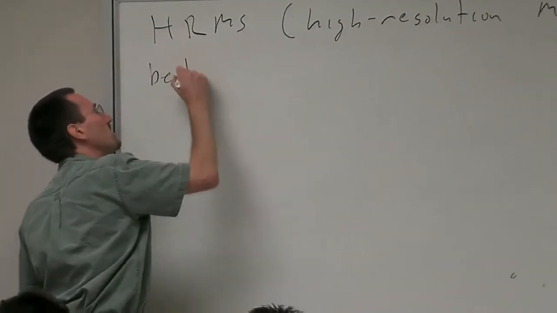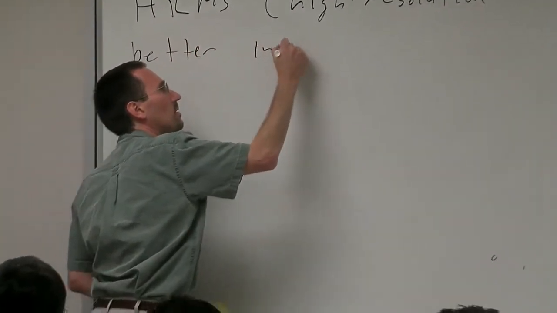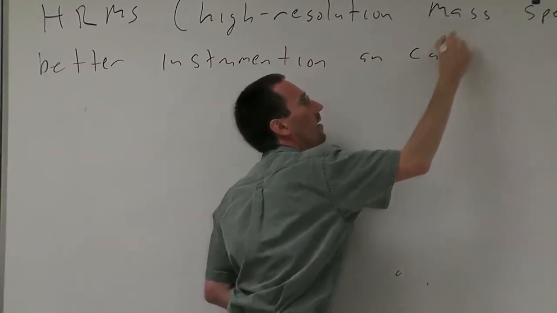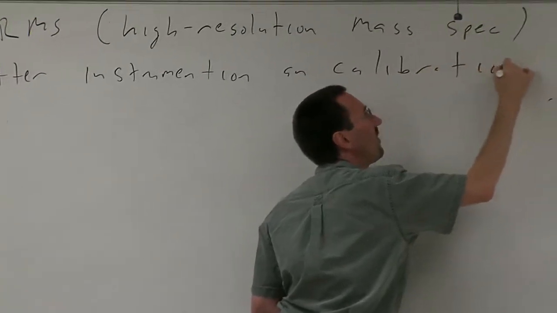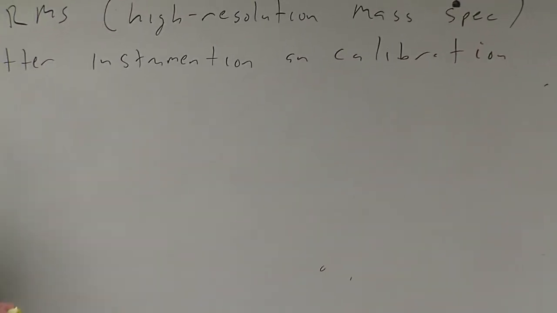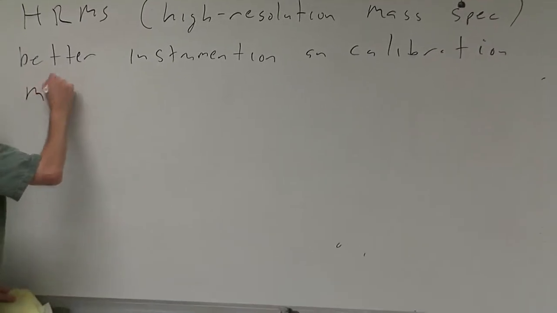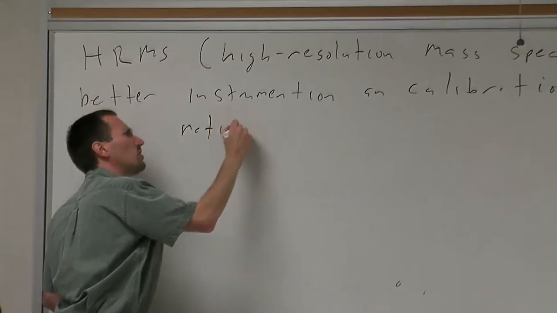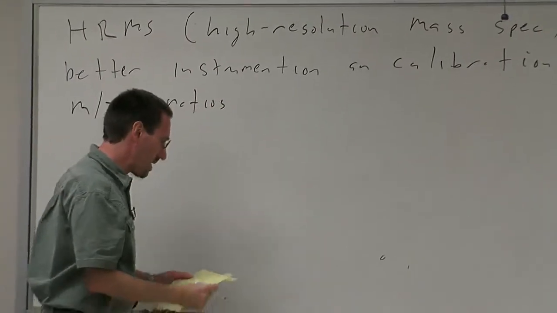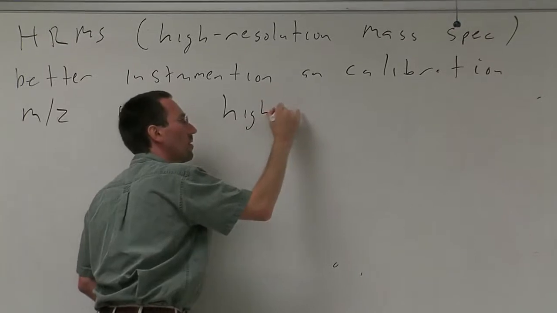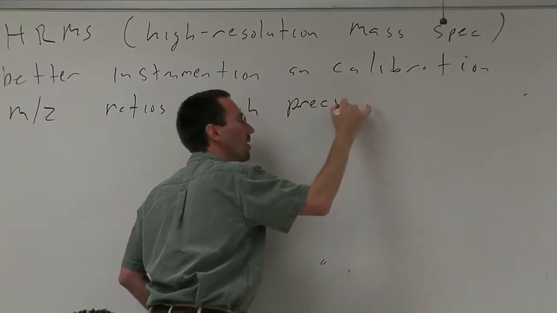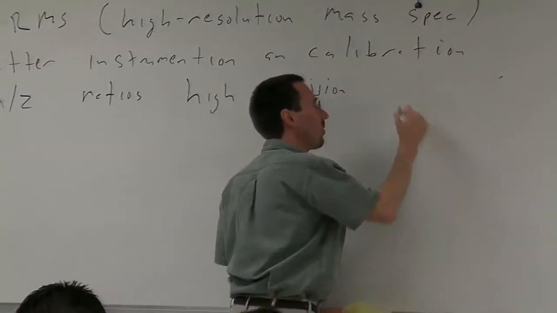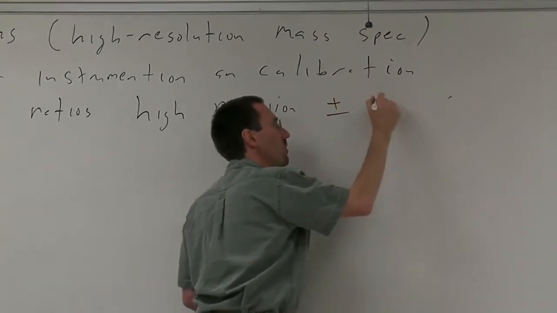So with better instrumentation and calibration, you can often get masses to very high precision with mass to charge ratios, typically maybe 5 millimass units or 5 parts per million or better.